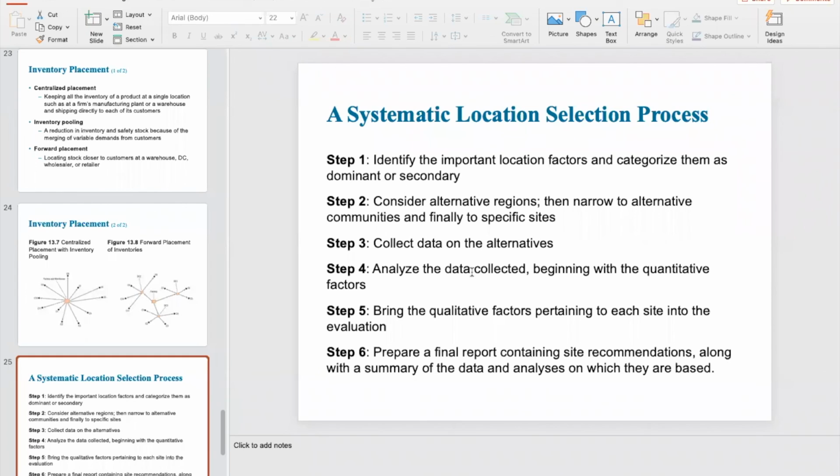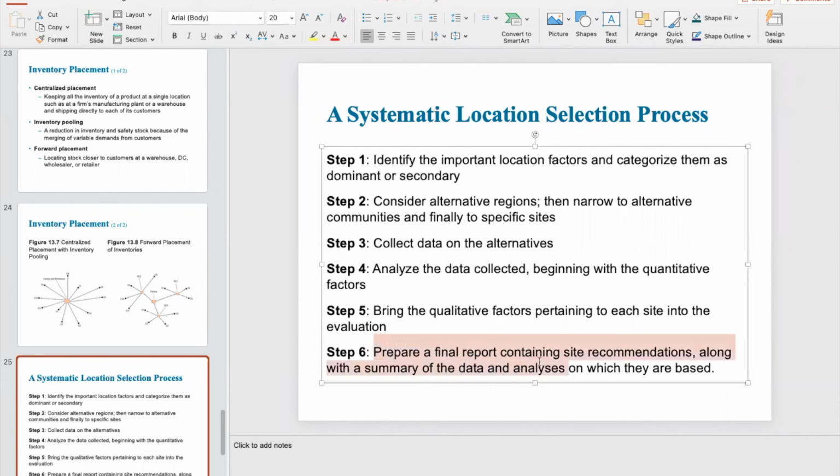Besides that, we may also need to consider some qualitative factors that are not easily captured by the quantitative methods. And then finally, we will prepare a final report containing site recommendations along with a summary of the data and the analysis that we did through all the different methods that we just mentioned.